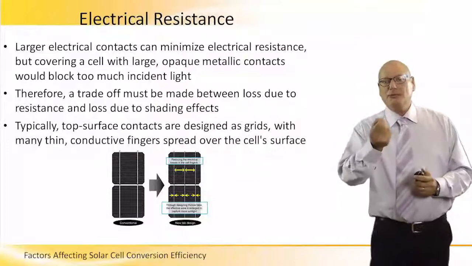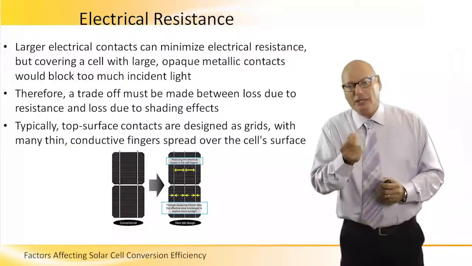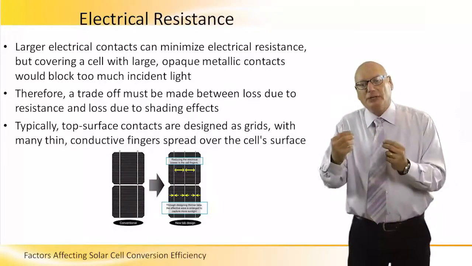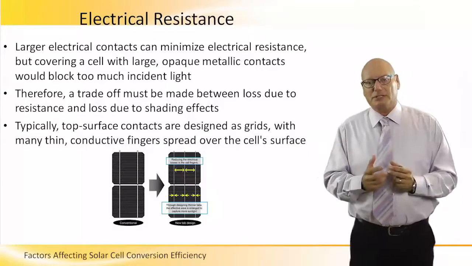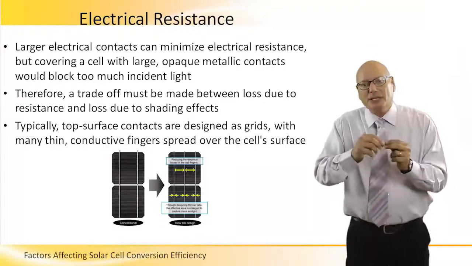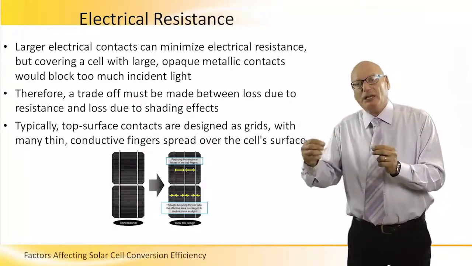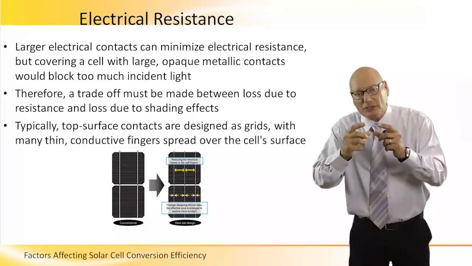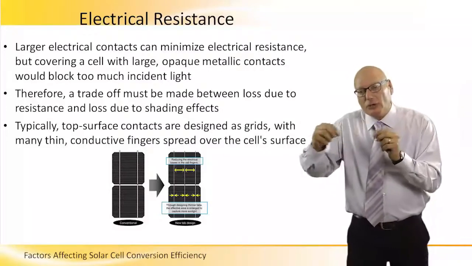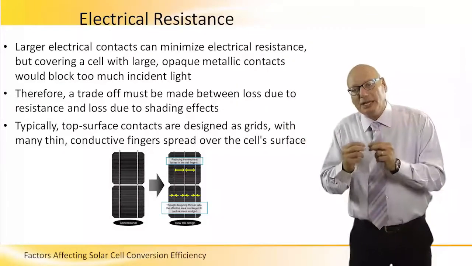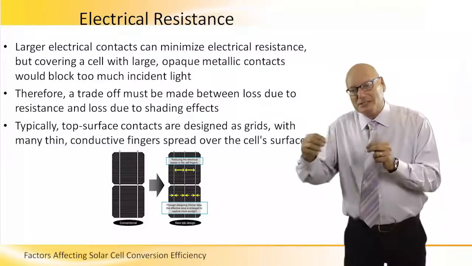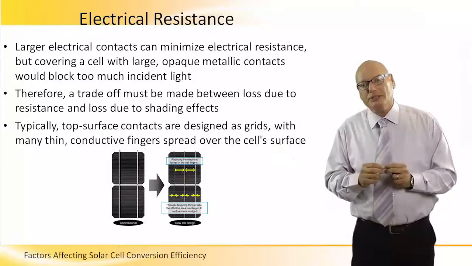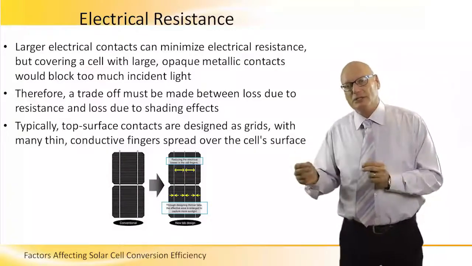Now, the electrical resistance of the cell itself in terms of the conductors. Larger electrical contacts can minimize electrical resistance, but covering a cell with large opaque metallic contacts would block too much incident light. So the wider the electrical conductor, meaning less resistance, meaning the electricity will flow much faster, much easier, with less losses.